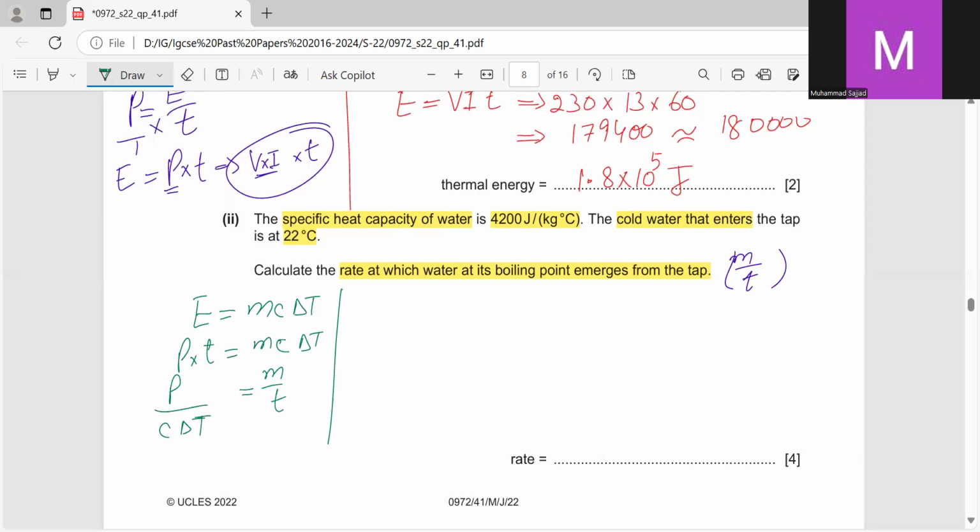Small t is for the time interval for which the heater is turned on, and capital T is the temperature, and delta T is the change in temperature.